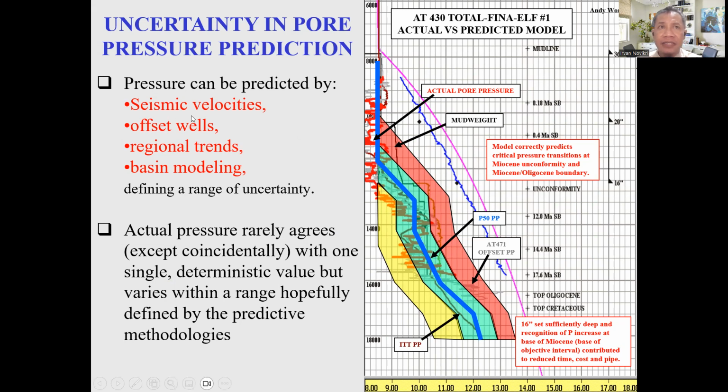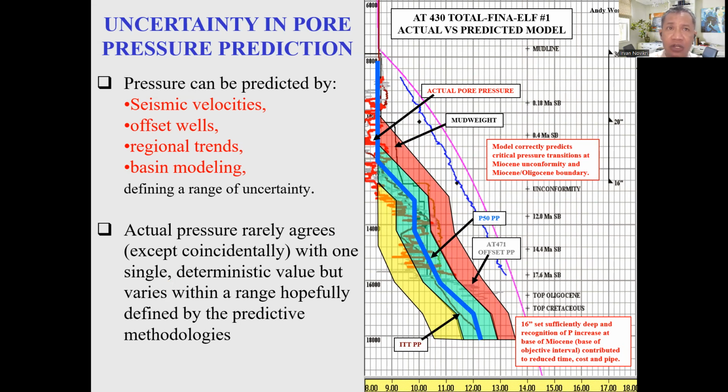By considering these factors, engineers and scientists can estimate the pressure level with a certain level of confidence, considering the inherent variability of the prediction. The actual pressure in a geological formation rarely matches a single predetermined value, but instead varies within a range.